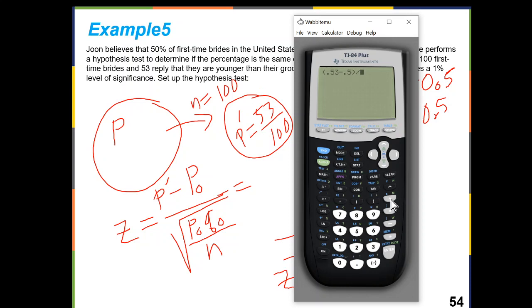We're going to divide that by the square root of, again, 0.5, right? Because that's p that is hypothesized, times 0.5, which is 1 minus that, which is q sub 0, so which is 0.5 again. And that's divided by n, which is 100.